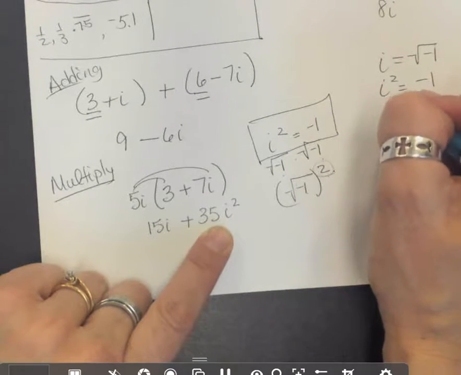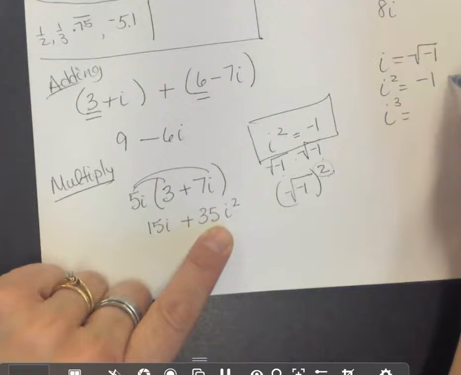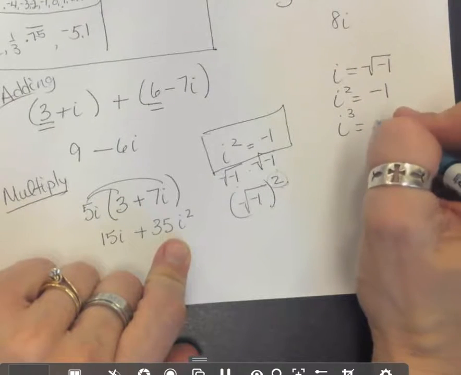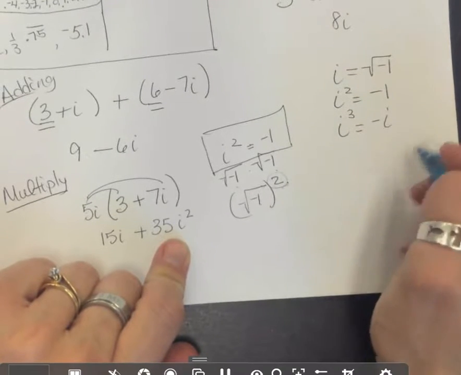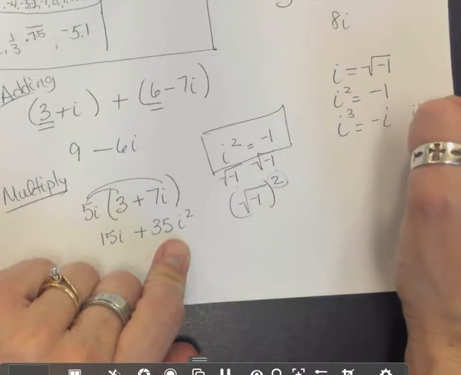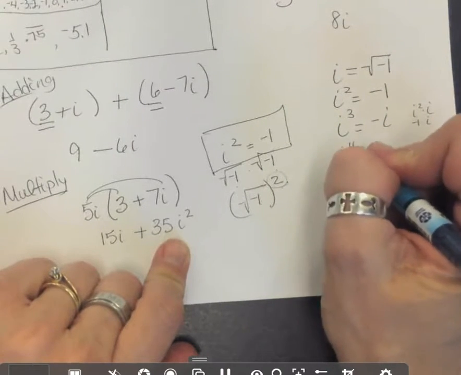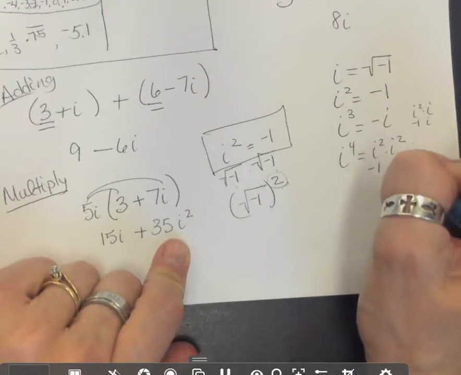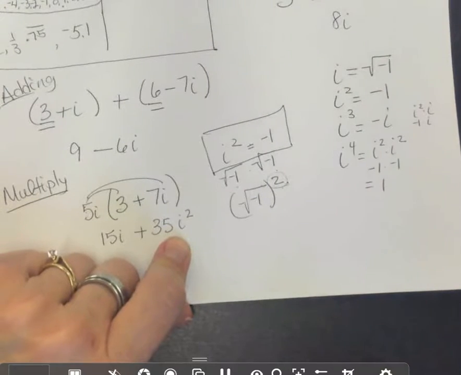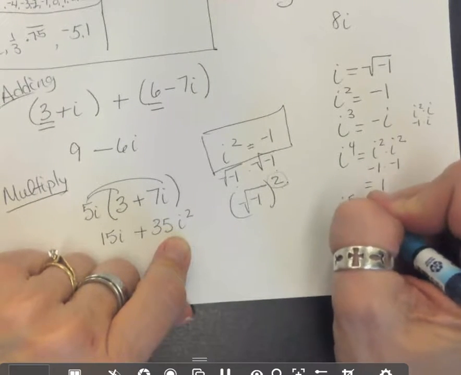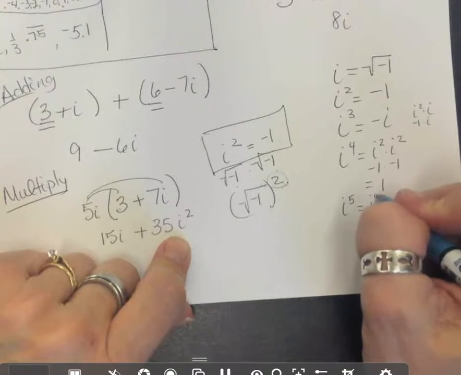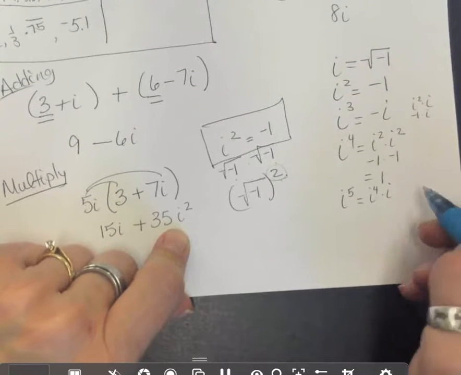Well, i cubed, if we multiply that by i, we would have negative i, because that's i squared times i, negative 1 times i is negative i. i to the 4th is i squared times i squared, that's negative 1 times negative 1, which is positive 1. i to the 5th would be i to the 4th times i.